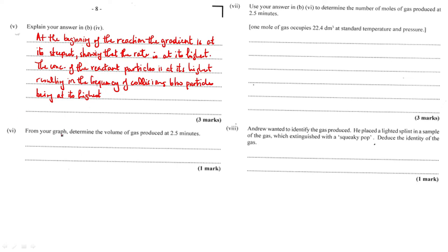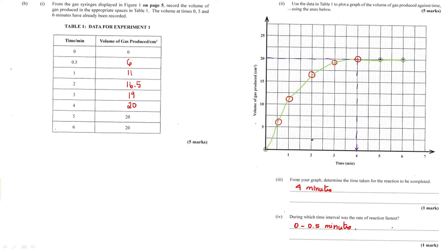Alright, so it says from the graph, determine the volume of gas produced at 2.5 minutes. So we go back over here and we look for the time scale, and this is 2.5, so we have to go from time. So we're going from the 2.5 right here, and we're going backwards now. Wherever we hit the line, we're going backwards towards the volume that we're looking for.